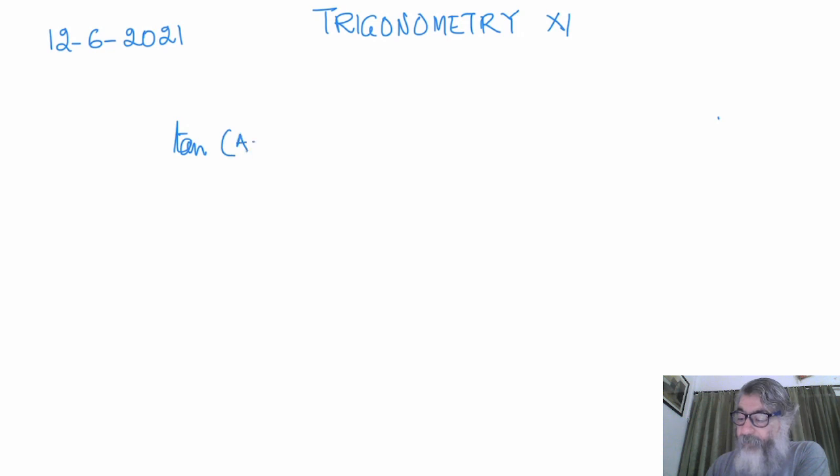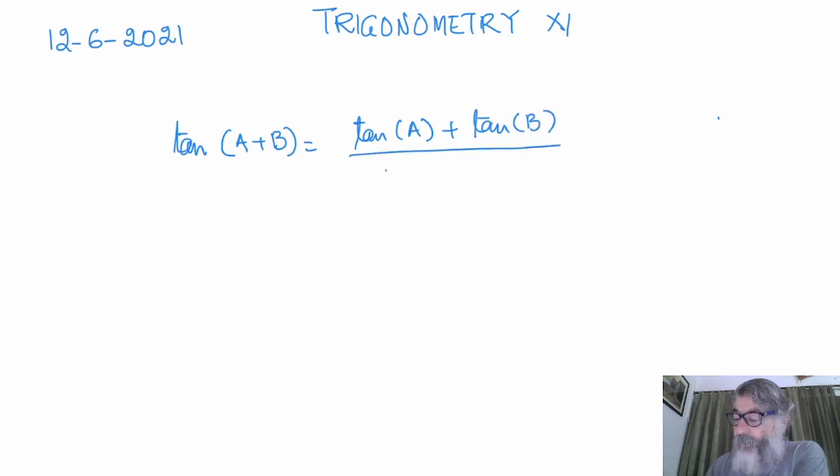tan(A+B) is equal to tan A plus tan B upon 1 minus tan A tan B. This is the formula for tan(A+B).